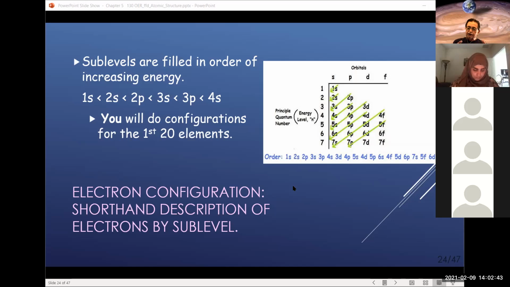The lowercase letter is the orbital. Then we put a superscript on the orbital to represent how many electrons are in that orbital. Keep in mind the maximum for s is 2, for p is 6, for d is 10, and for f is 14. So be able to do at least the first 20 configurations, which brings you up to calcium. Again, you can use a sequence, or you can simply use the periodic table like I was showing you how to do.